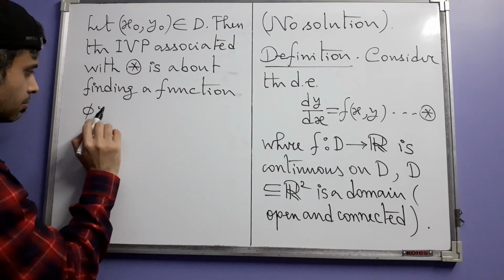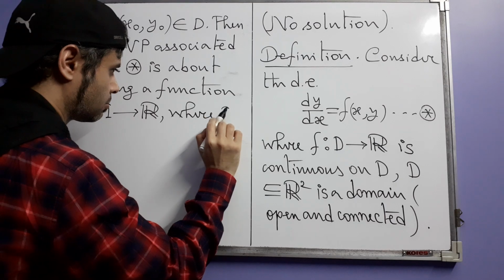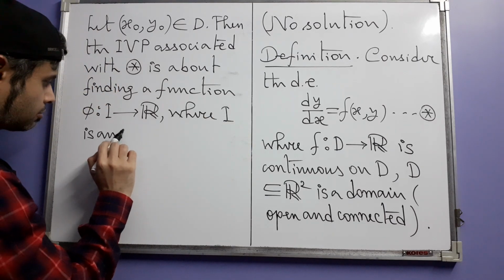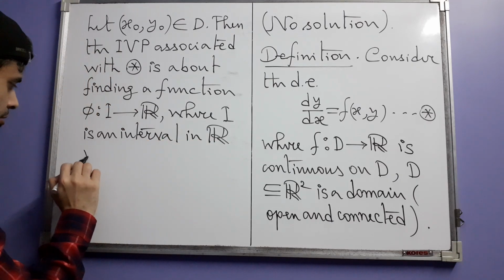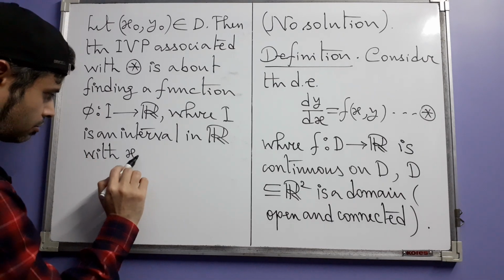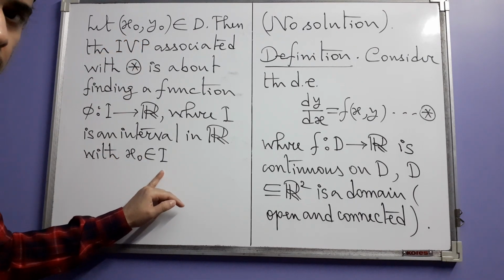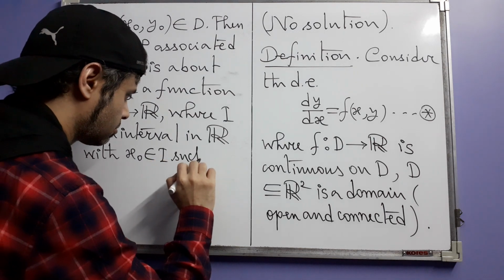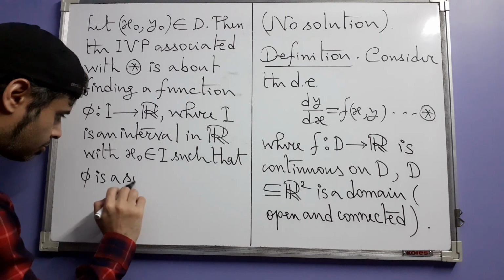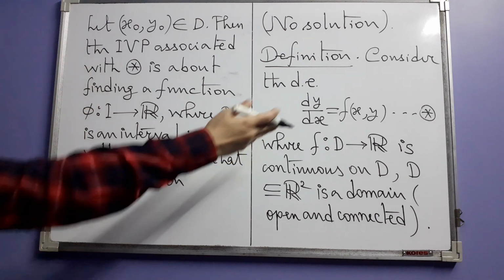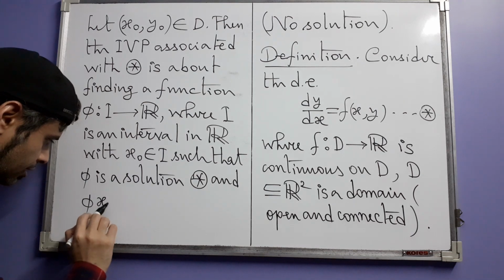some function phi from I to R, where I is an interval in R with x naught in I. Okay, with the point x naught, the real number x naught in I, such that this phi is a solution of the differential equation star and phi of x naught is equal to y naught.